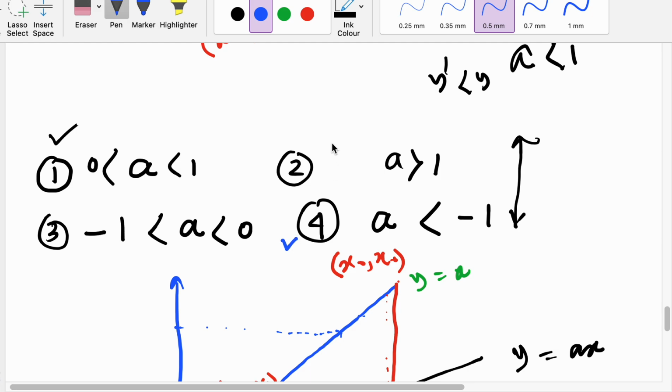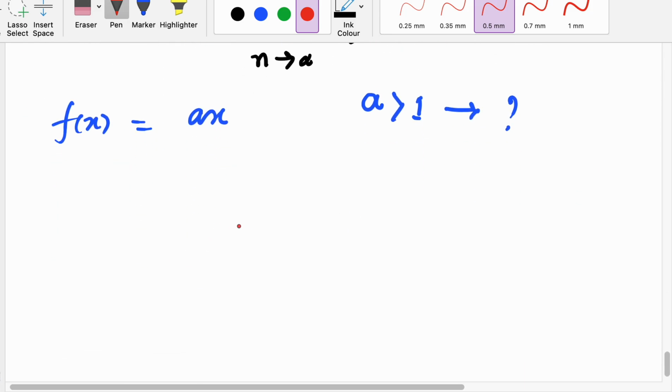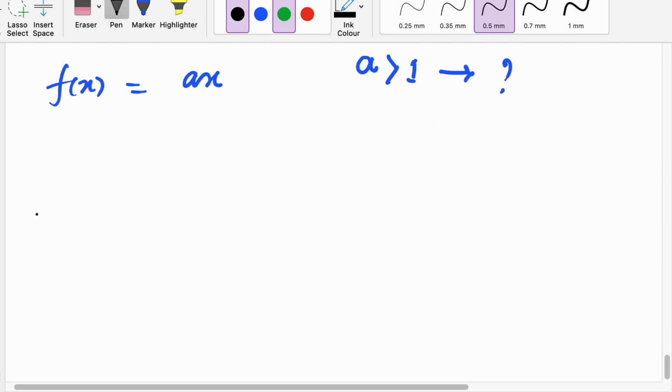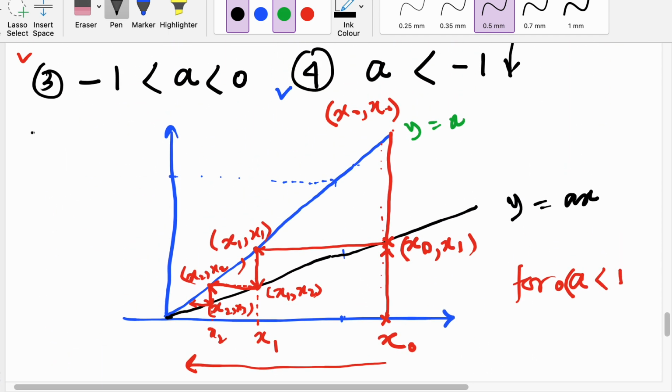So for cases 2 and 3, where a is greater than 1 and a is between -1 and 0, you will do them as homework. Let's see the linear map, fourth case. We have seen the first case: if a is between 0 and 1, then the system always goes towards the fixed point x equal to 0.